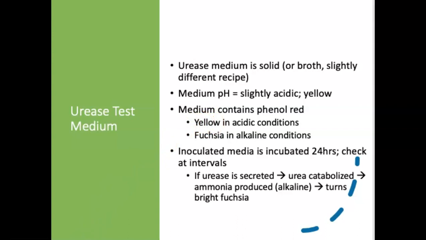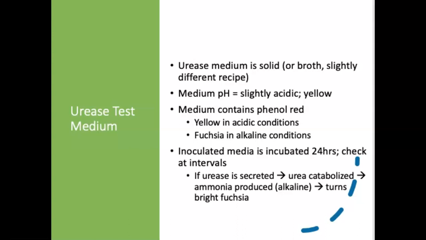Now, unlike the gelatin hydrolysis test, the urease test is incubated as usual at 35 to 37 degrees Celsius. And we're going to incubate it for about 24 hours. But here's something else that's unusual about this test.